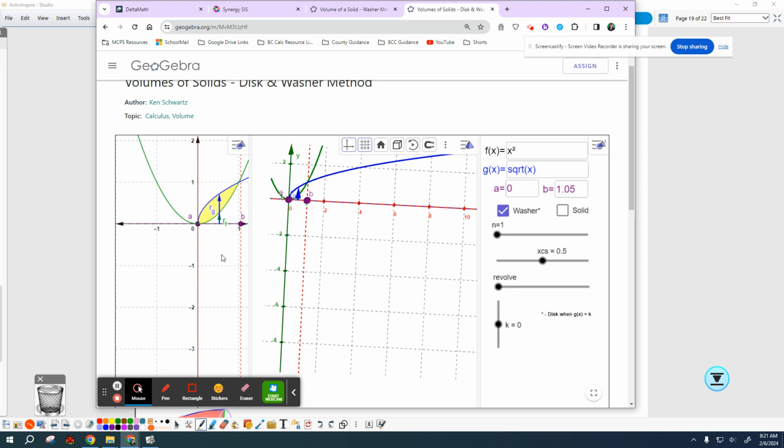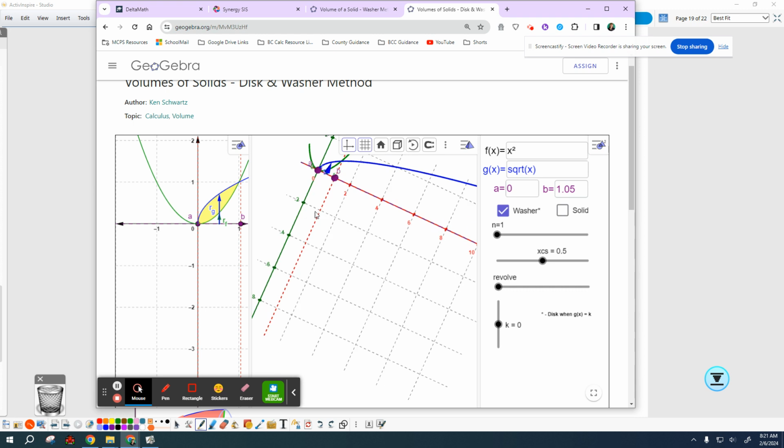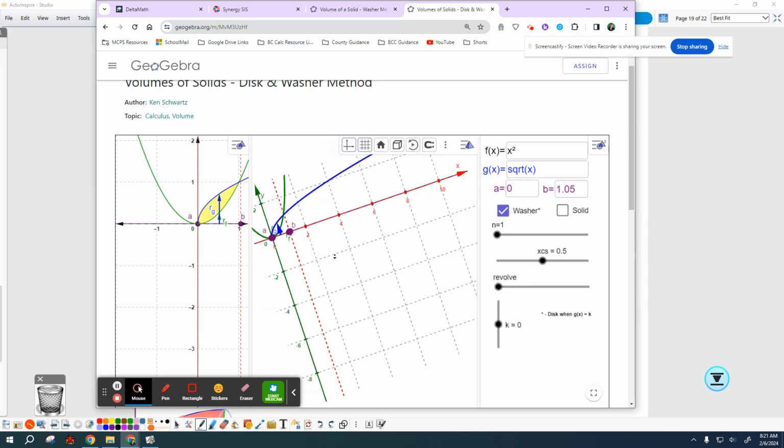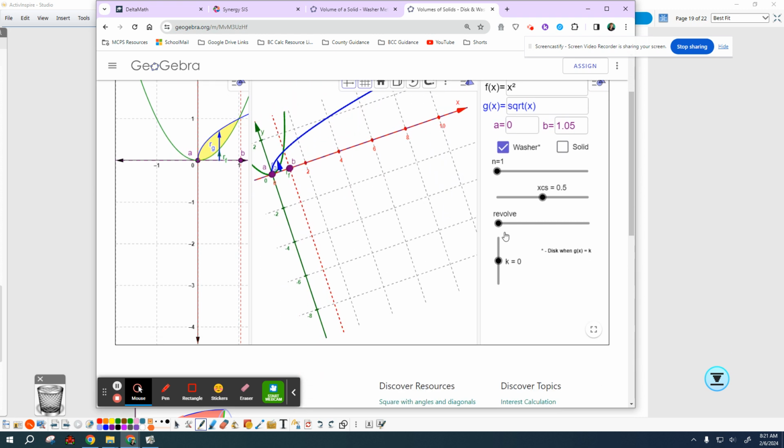Square root of x and x squared make that little petal looking thing. If I want to spin this shape around, there's just one cross section.